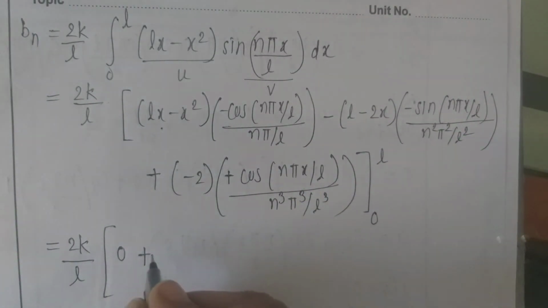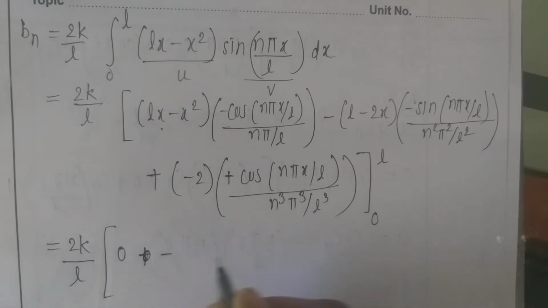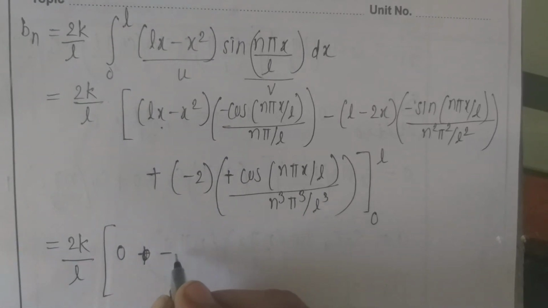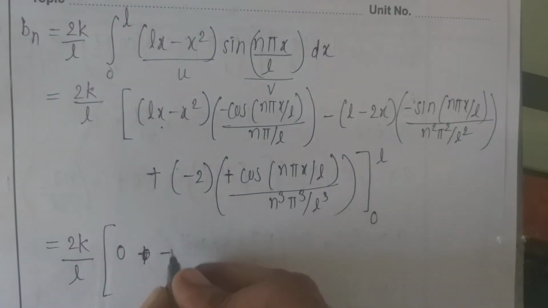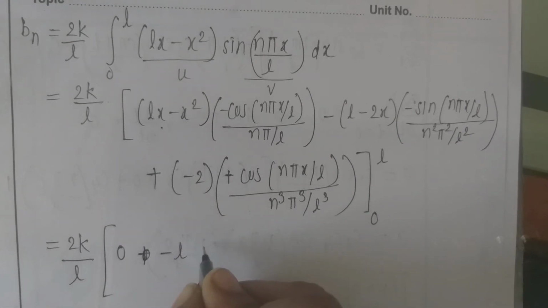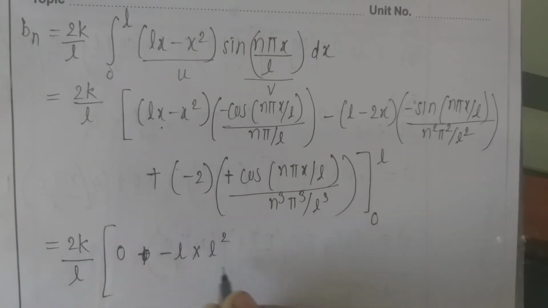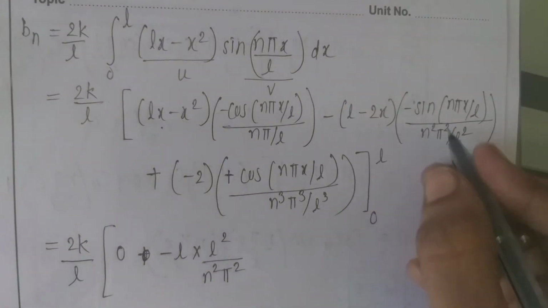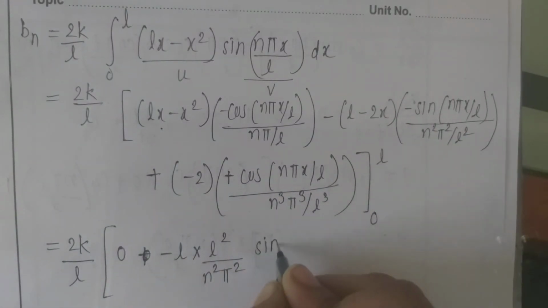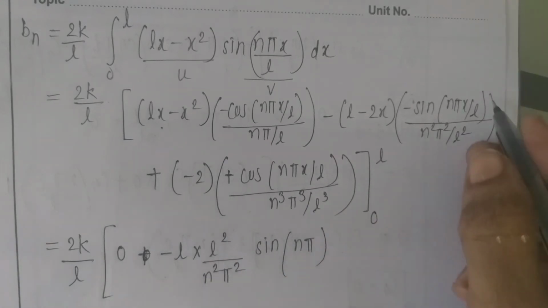With minus again it becomes minus. Then sine of plus minus L, so minus of L into L square. If we solve the denominator, it is L square divided by n square pi square into sine of n pi x by L. So it is sine of n pi L by L, which gets cancelled.